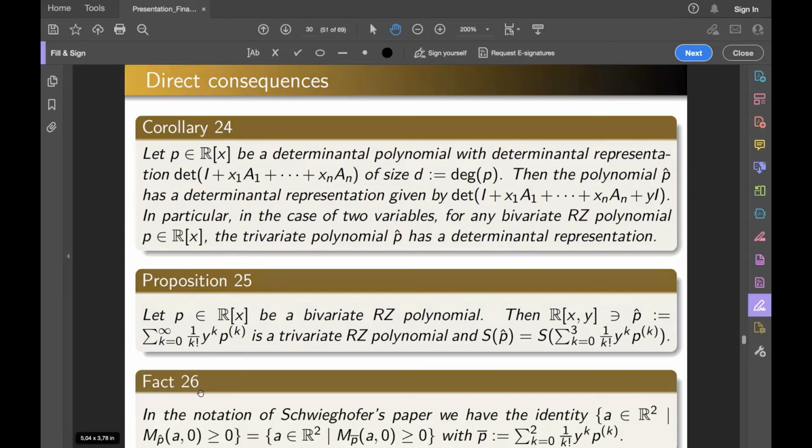So in the notation of Schweighofer, what we get is that the set defined by the polynomial p hat is equal to the set defined by this other polynomial, the truncation at degree 2, because the part with y of cubic degree is not there at all in the case in which we take y equal to 0.